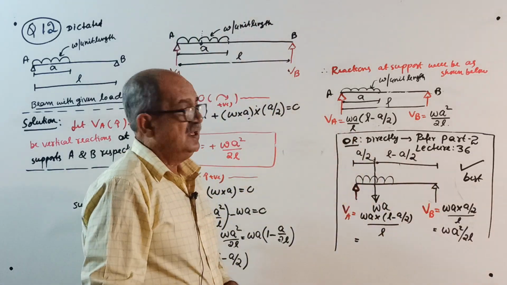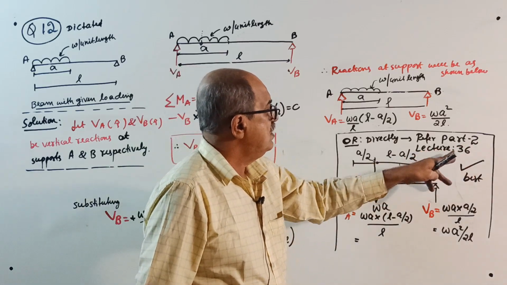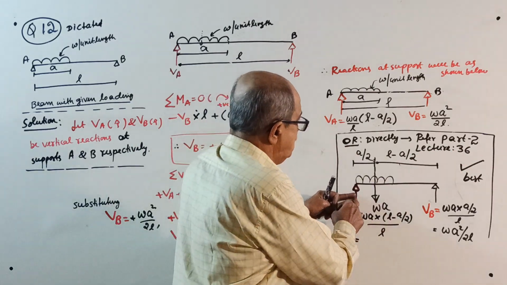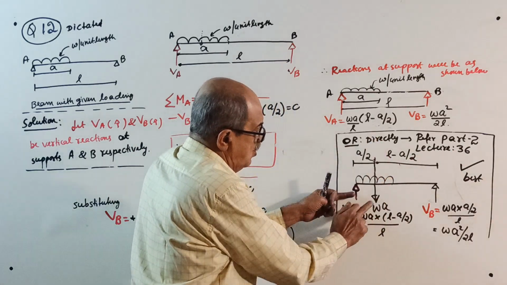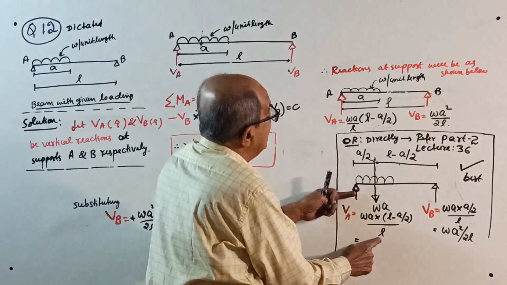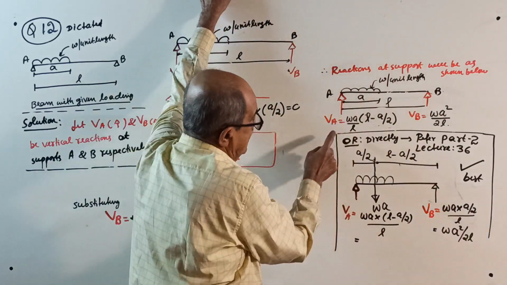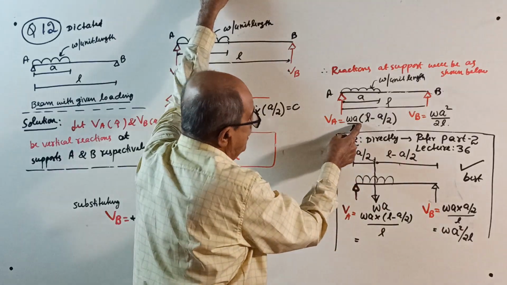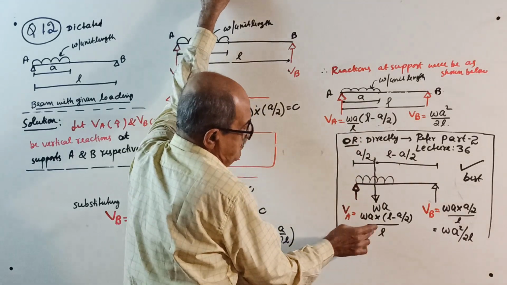Okay, now, part 2 lecture 36 I will not explain. VA equals WA, the load, into the other distance L minus A by 2, by L. See, WA into L minus A by 2 by L. What answer you got here? Same answer here. You can make a note.